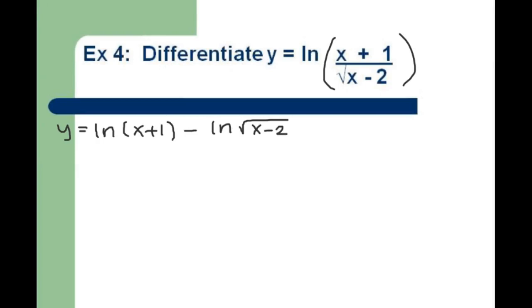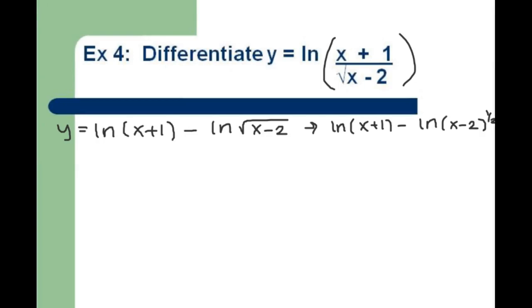And the square root of x minus 2 is really the same as saying the function to the 1/2 power.